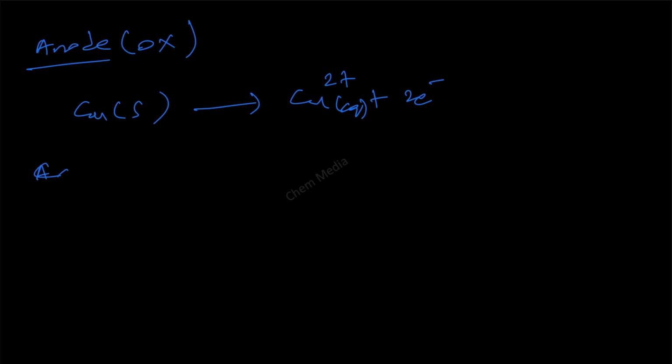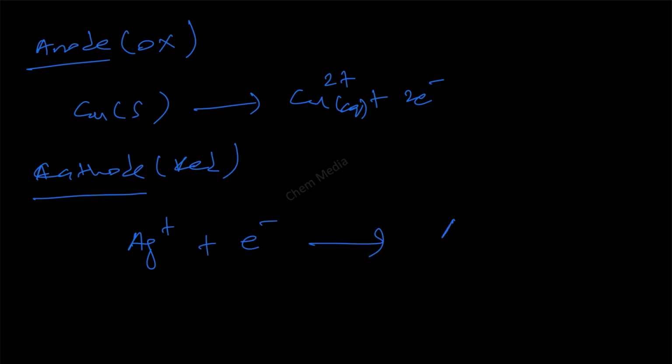At the cathode, reduction is happening. Ag plus gains an electron and becomes Ag solid. But to balance the equation, we have to multiply this entire equation by 2.